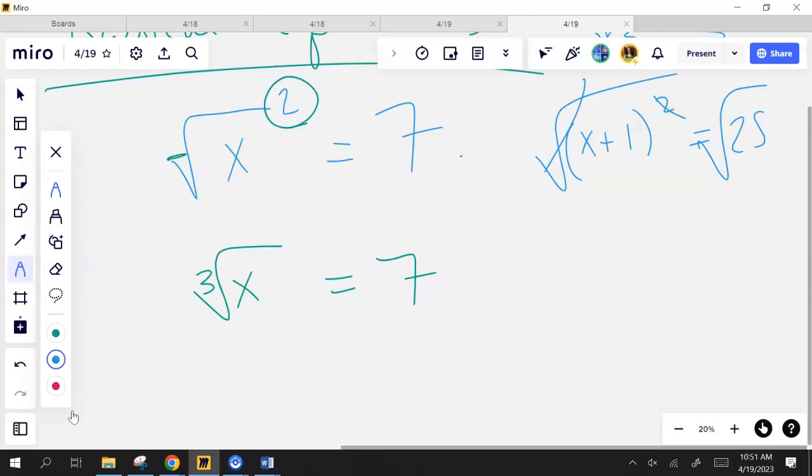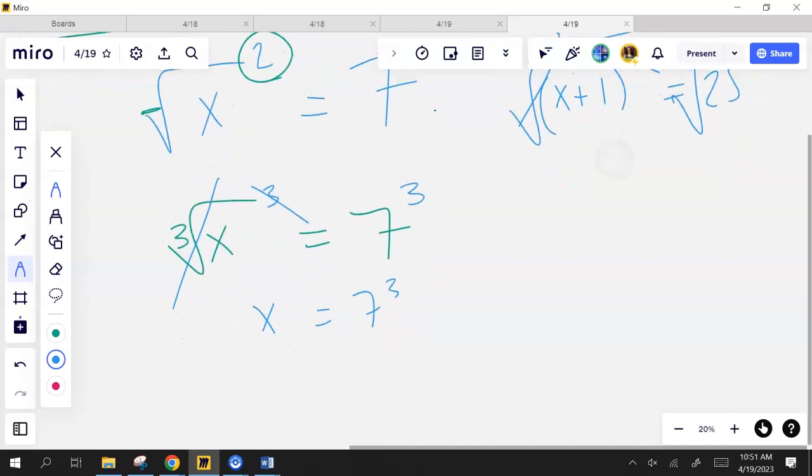That's exactly right, because the third will cancel that out, and I will get x equals 7 to the third, whatever that comes up to. 343.